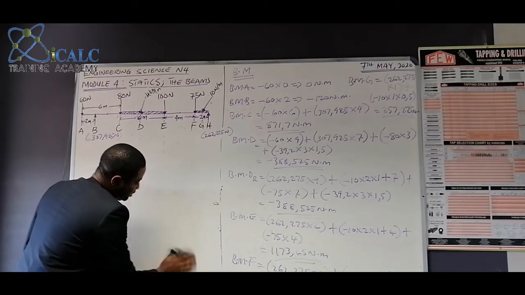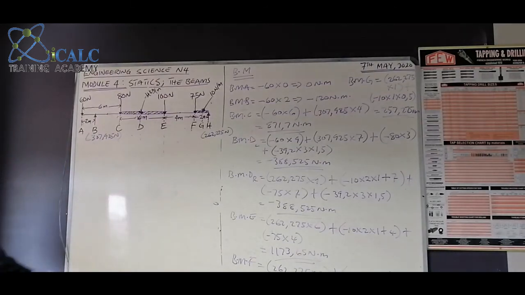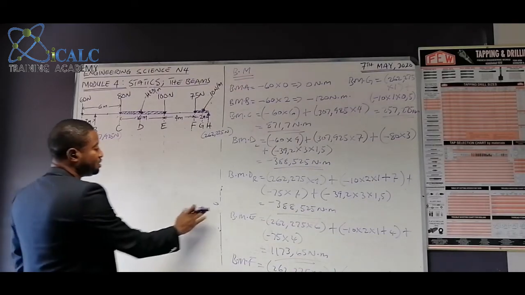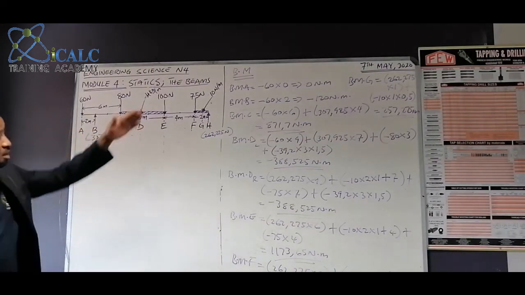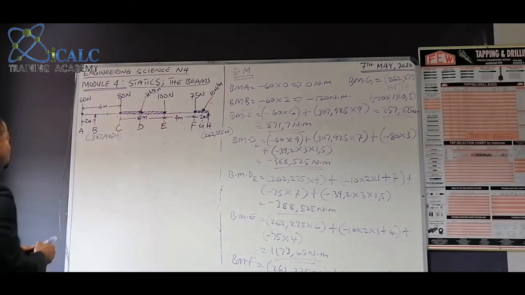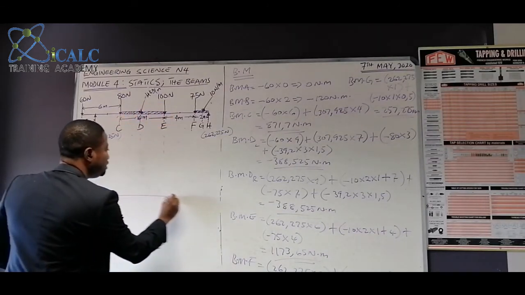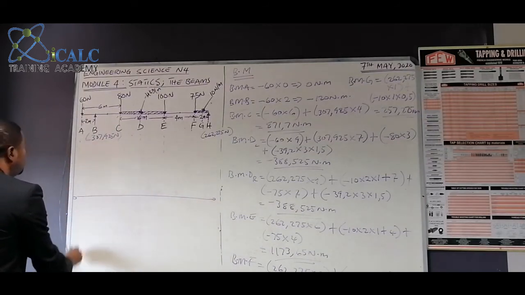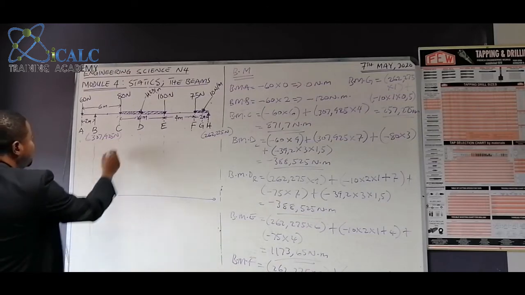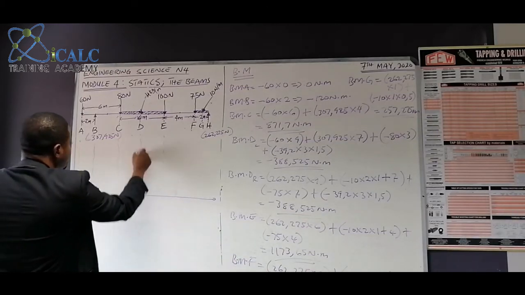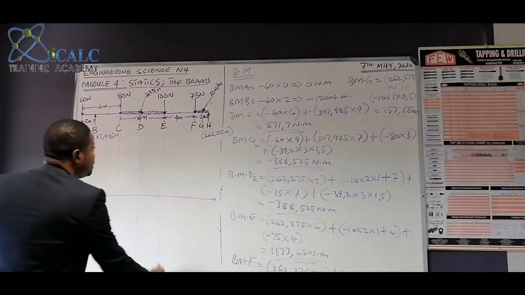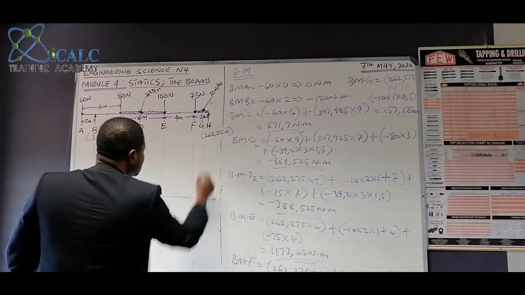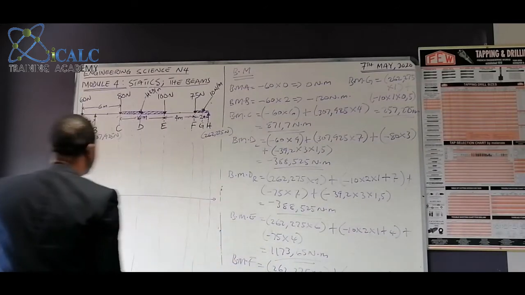So now let's do the bending moment diagram. Here, for the bending moments diagram, we don't need to add and subtract. For that, you just take the values of what you have calculated so far and plot it in, and that is it. Our first point, second point, third point, the fourth, the fifth, the sixth, the seventh, and of course the eighth.